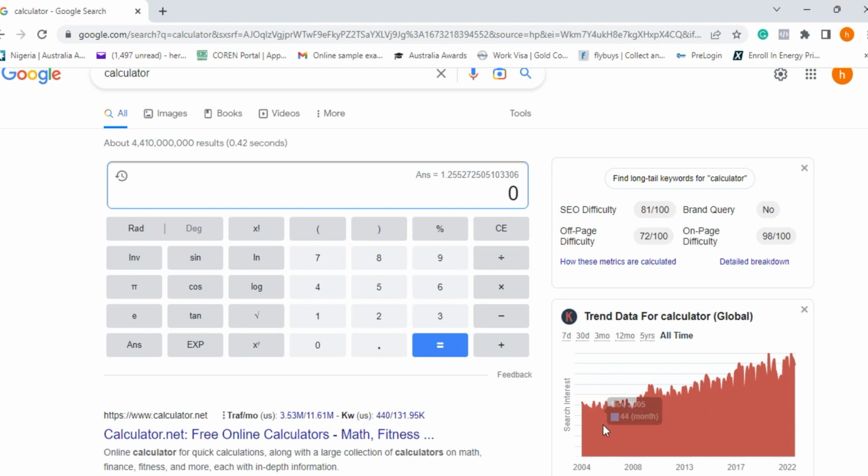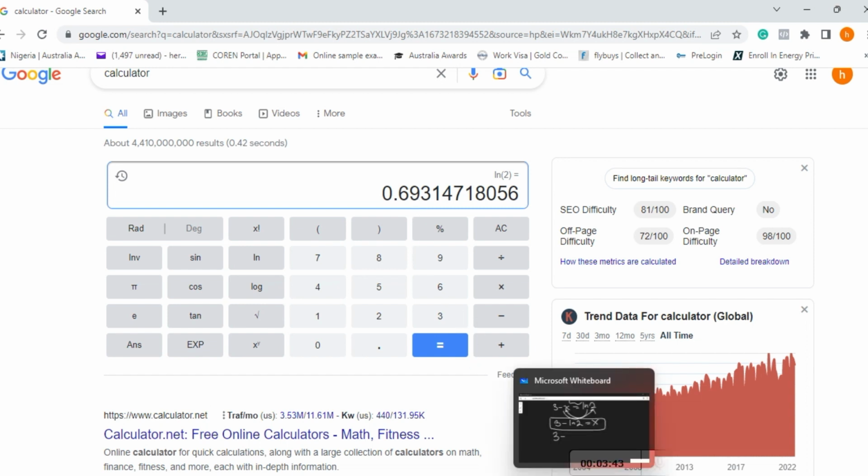We're going to look at a calculator. ln of 2 will give us 0.6931.